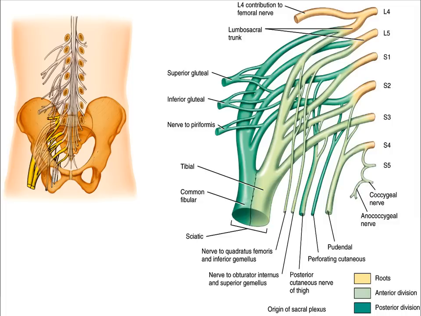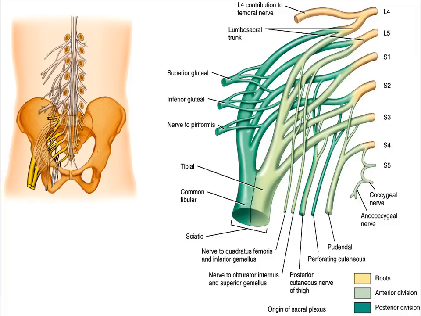It's the posterior divisions of L4, L5, S1, and S2 that give us the common peroneal portion of the sciatic nerve.